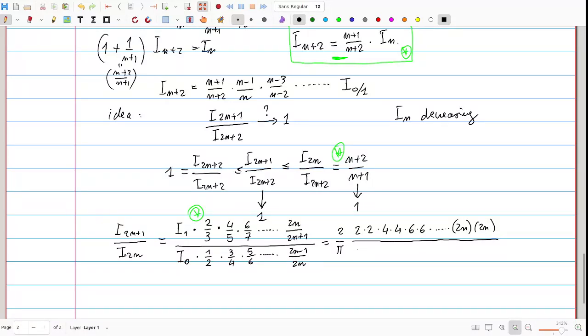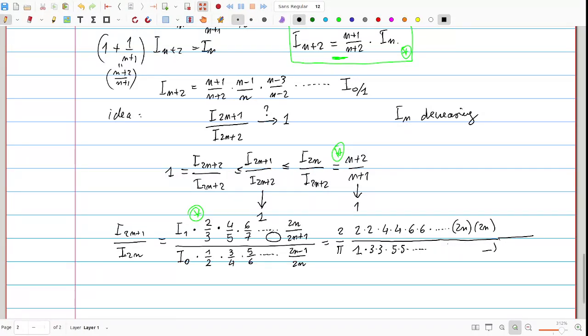And below we have the odd numbers: 1 only one time, then 3 two times, 5, and so on, up to 2n minus 1 two times.